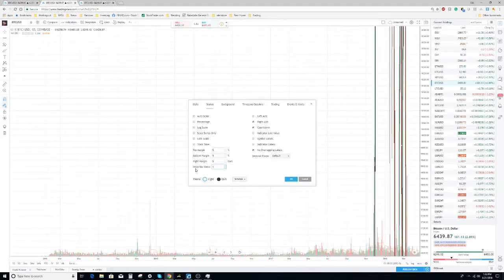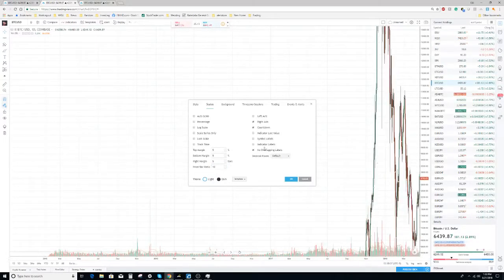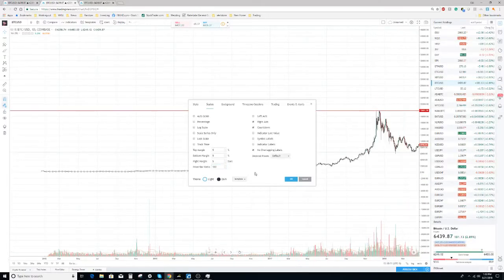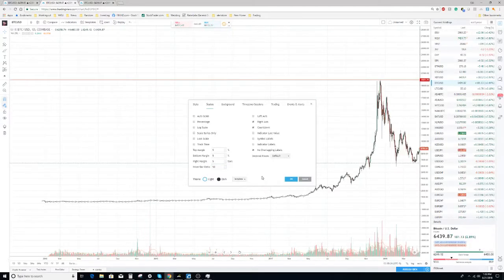It's way too congested. We could do 10 maybe. Still a little too tight. Probably 100... oh, that's way too much. We don't want 100. 50 is probably okay. Yeah, we could do 50.